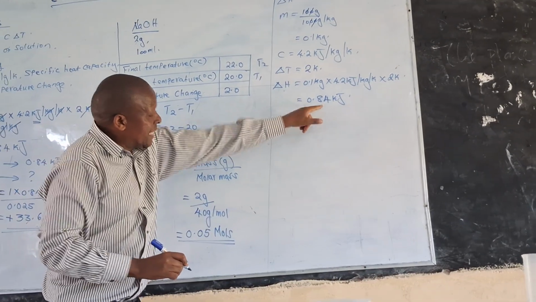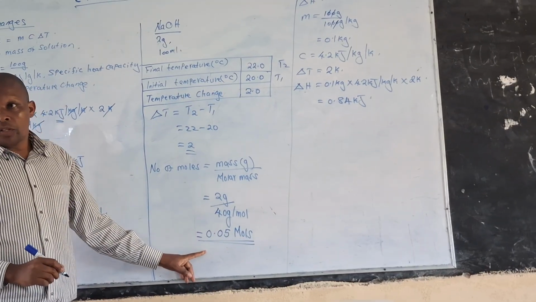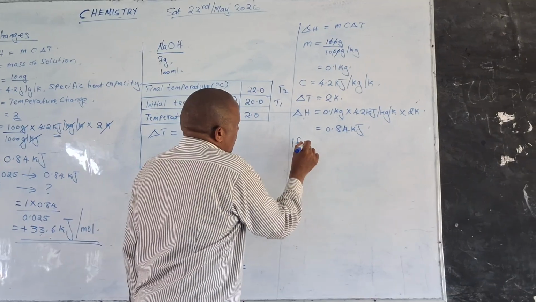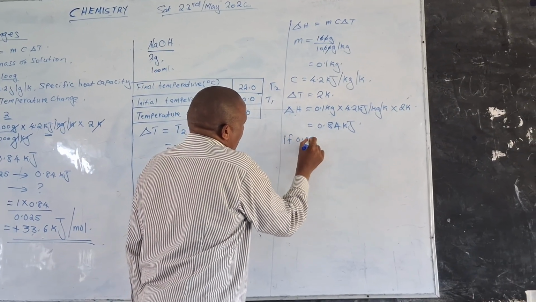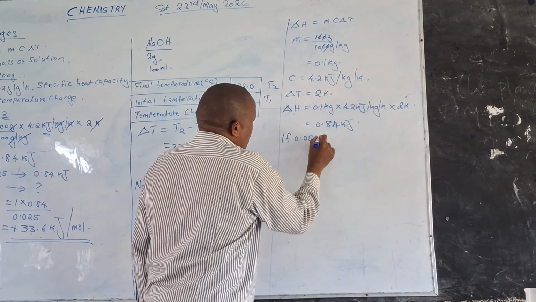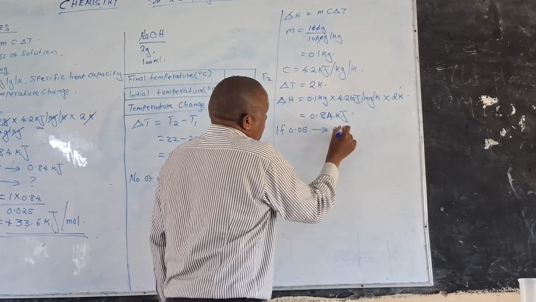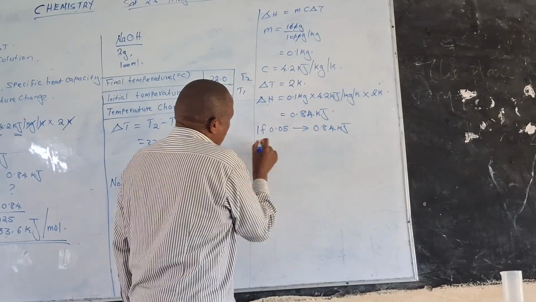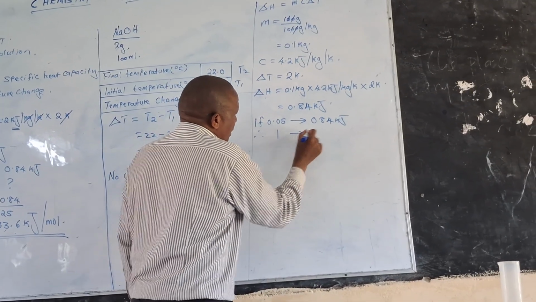Now let us convert. This amount of heat energy is released by how many moles? 0.05. So you come here and say, if 0.05 moles is giving us 0.84 kilojoules, what about 1? It will give us how many?